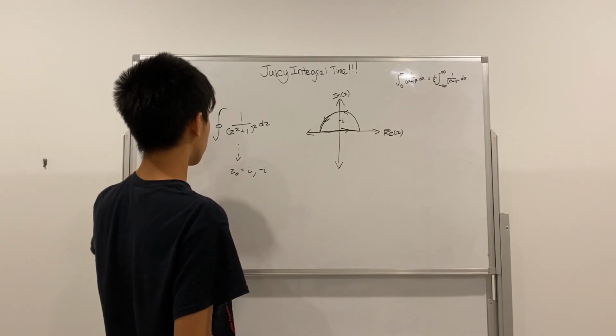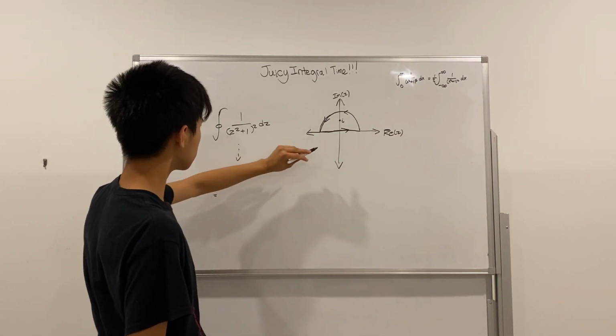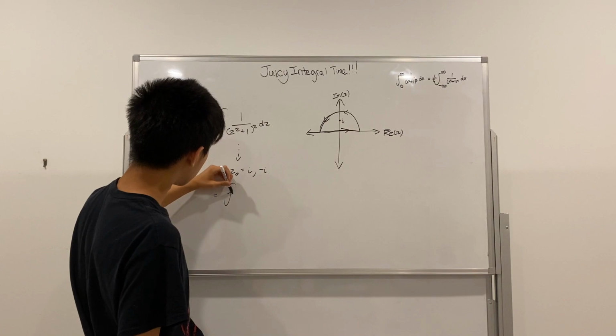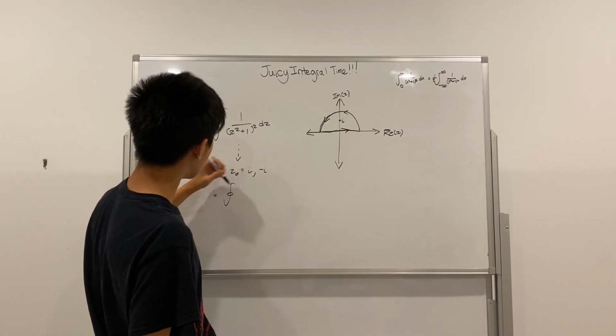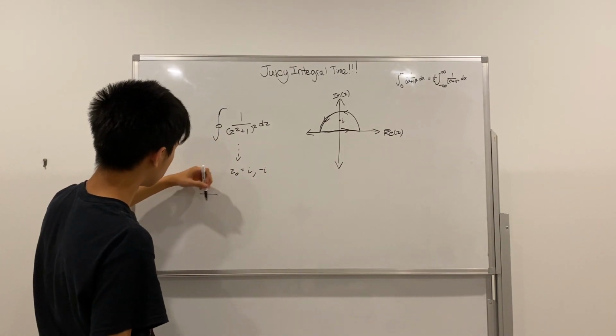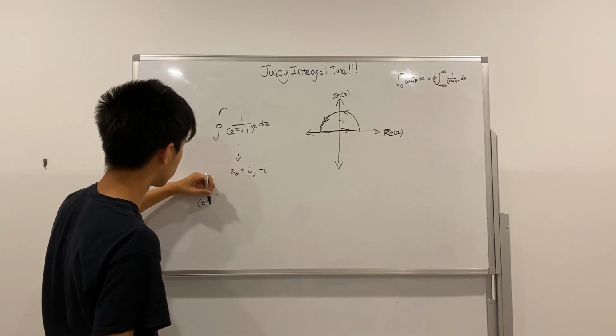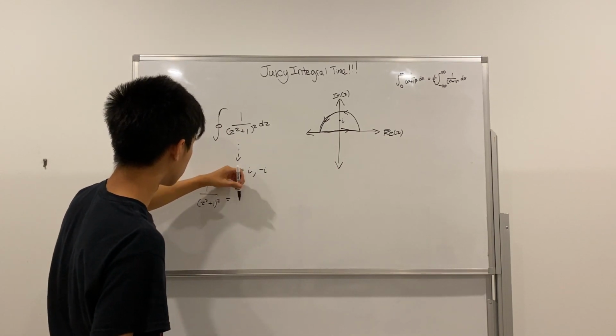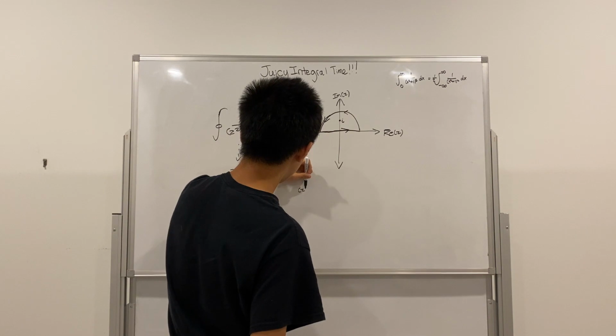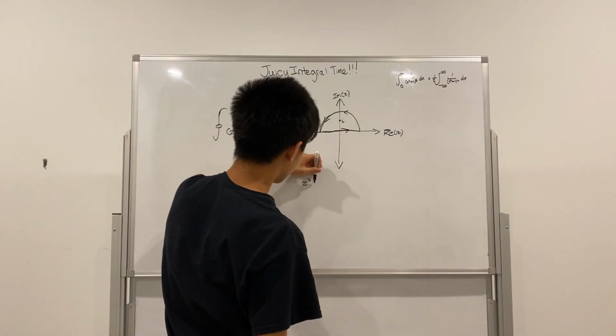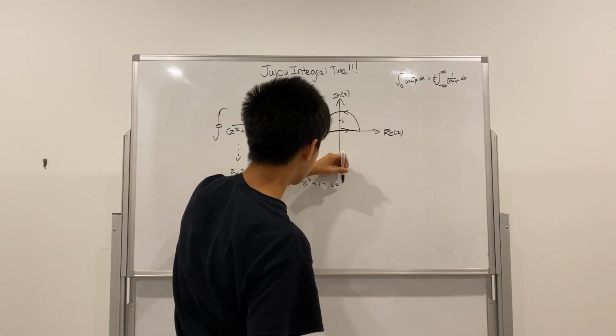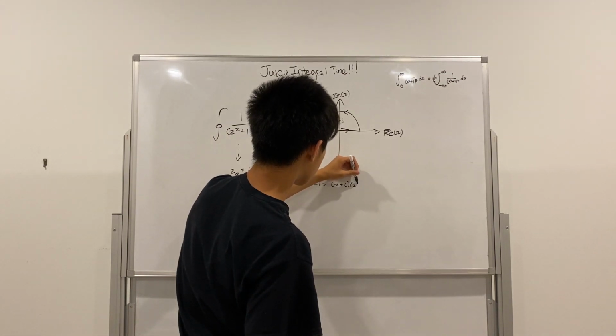So then we'll end up getting, well, first of all, let's factor. Let's just get a bit of extra factoring practice in. So z squared plus 1 equals (z plus i)(z minus i).